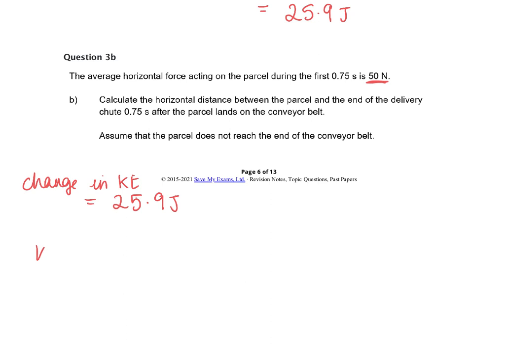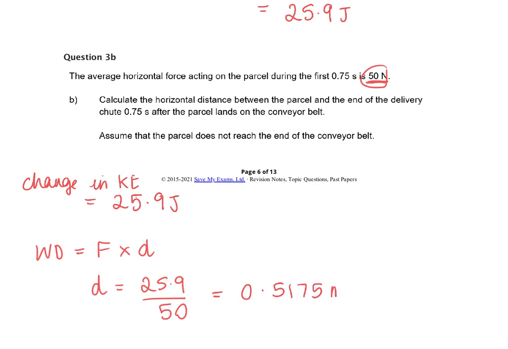We are going to be using work done for this, which is going to be equal to our change in kinetic energy, and that's force times distance. We have the force, it's 50, so we can rearrange this to find the distance. So it's our work done divided by the force, and we are going to get 0.5175 meters.